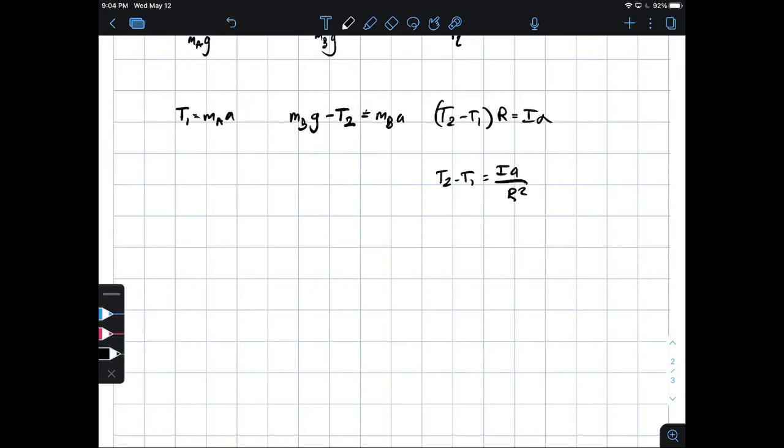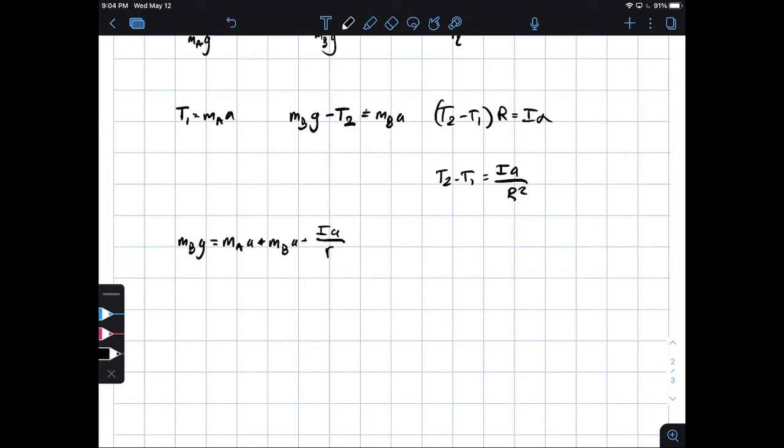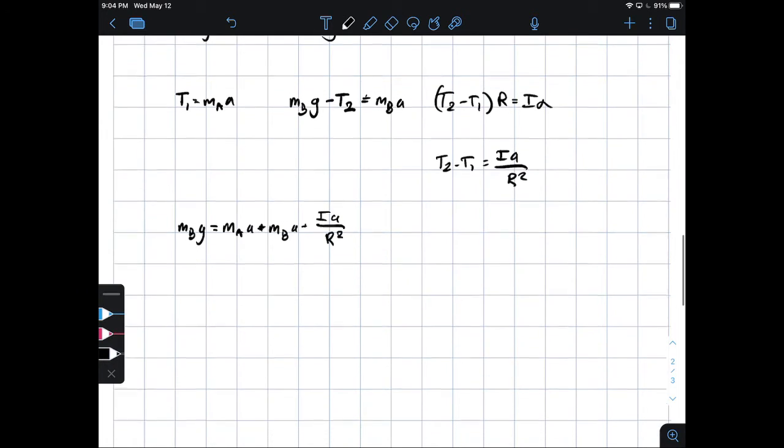It's not in the same vertical structure, but I hope you can fill in the dots. The T2s will cancel out, the T1s will cancel out. Sorry. And we'll be left with M_B g is equal to M_A a plus M_B a plus I a over R squared.